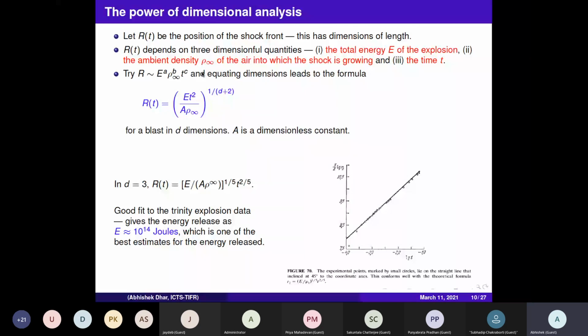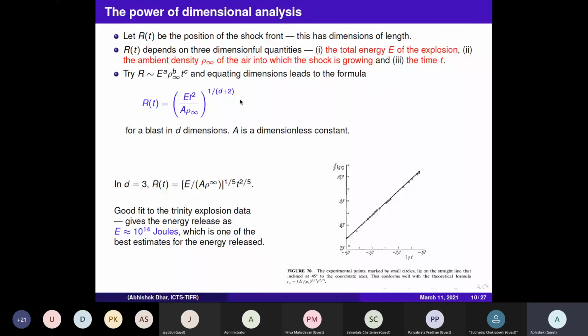You can compute a, b, c uniquely, and you get this nice simple formula: radius is (E t squared divided by A rho infinity) to the power 1 over d plus 2, where A is a dimensionless constant, rho infinity is the density of air, and d is the dimension. You can do it in any dimensions.